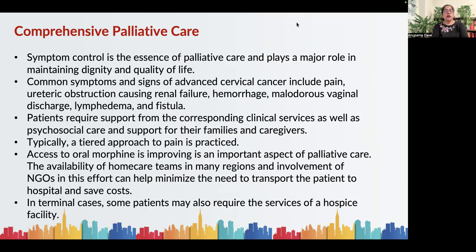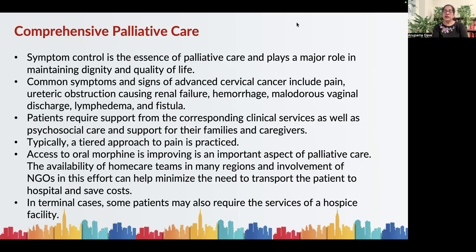A few words about comprehensive palliative care. All such women with advanced cancer cervix do require palliation. Symptom control is the essence of palliative care and plays a major role in maintaining dignity and especially quality of life.